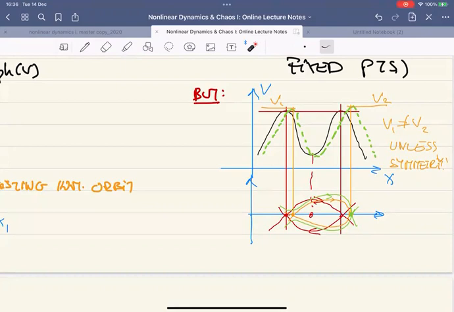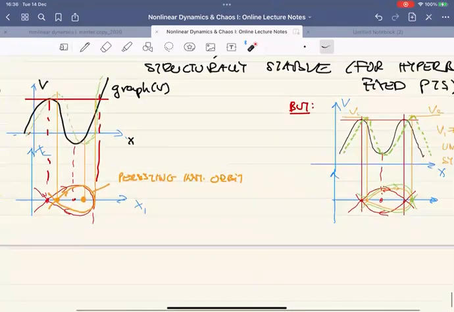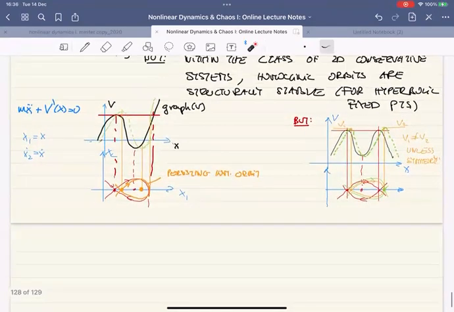So if I perturb the potential for one of them, then automatically I'm perturbing the potential for the other one because they are physically the same. That's why if you start tinkering with the pendulum and you're bumping it here, that's fine, but the exact mirror bump will appear there. That's why it's robust with respect to the pendulum, but not in general systems. Okay, so that's one remark.